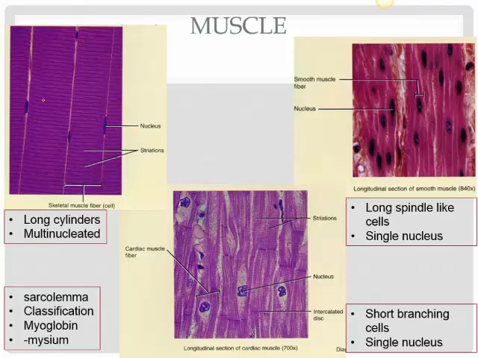The nuclei are present just below the cell membrane or sarcolemma. So the nuclei are what are known as hypolemmal. Hypo means below, lemma means sarcolemma. So here is the cell membrane, just below that you can see the nuclei. This is typical of skeletal muscle.